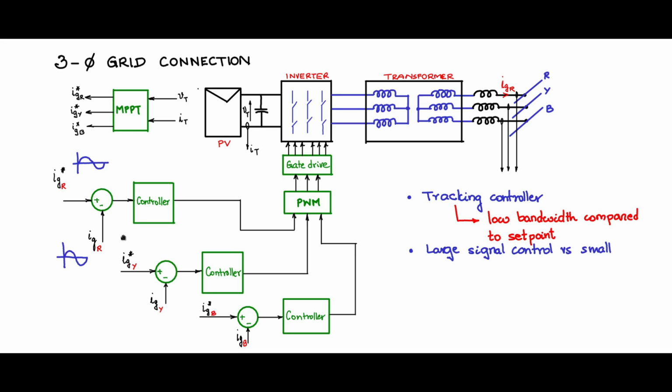So therefore, design of a tracking controller will be much more complex compared to a set point controller. One will also be able to achieve intra-cycle dynamics if one uses a set point controller, but with the tracking controller only integral cycle dynamics can be achieved.